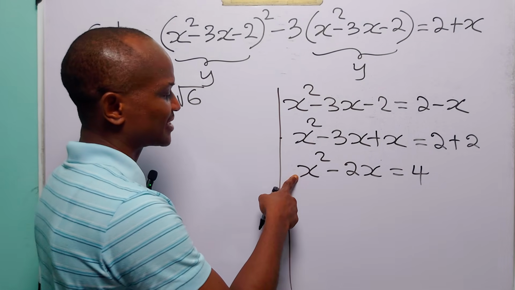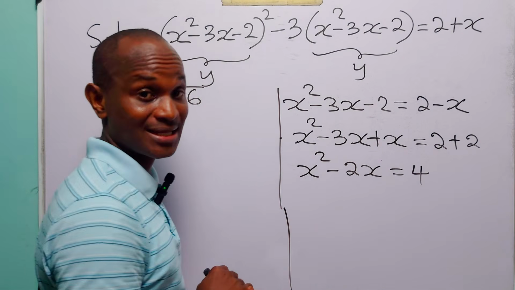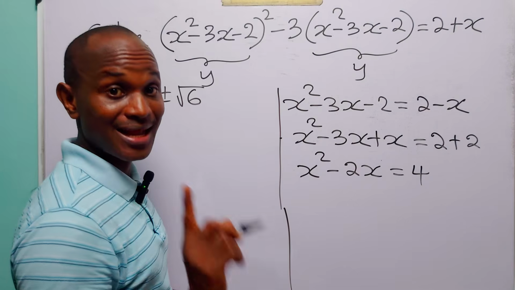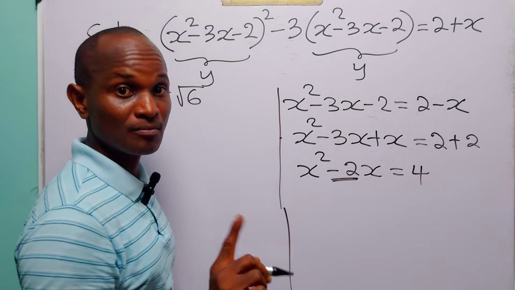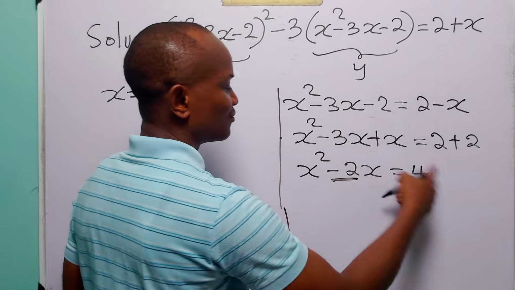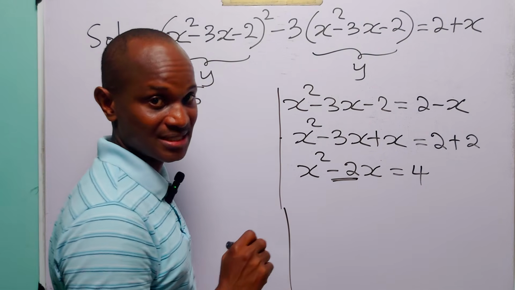The coefficient of x squared is 1 already, and the constant term is on the right hand side already. So the next thing we do is to divide the coefficient of x by 2, square it and add to both sides of this equation to complete the square on the left hand side.